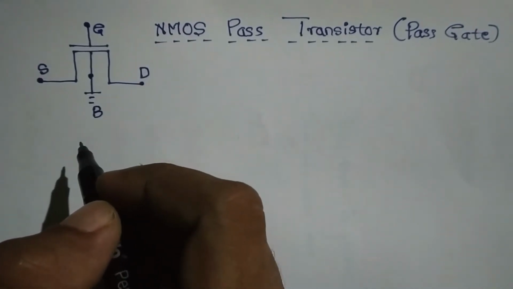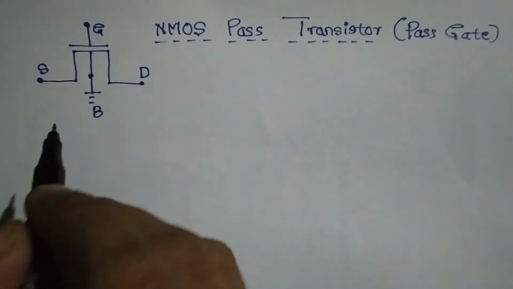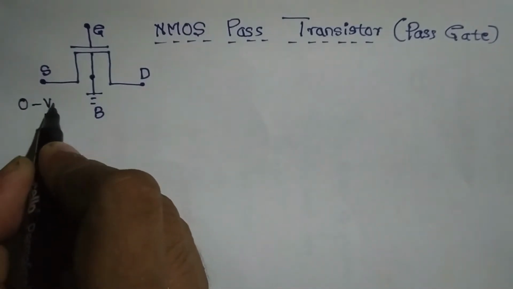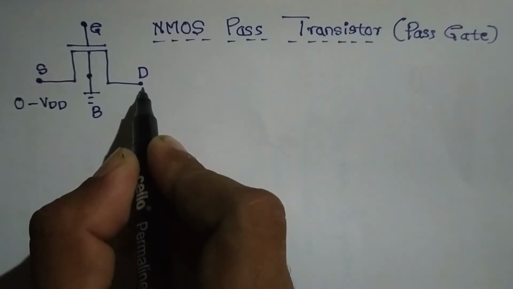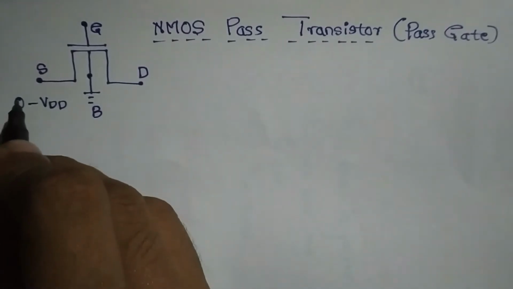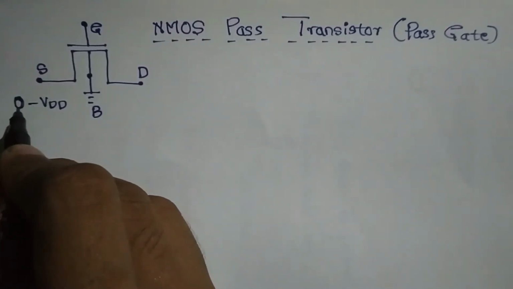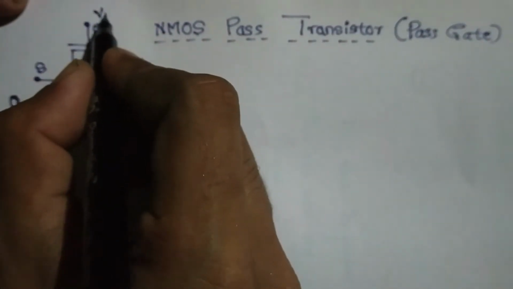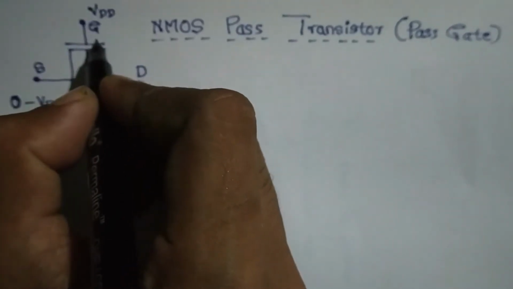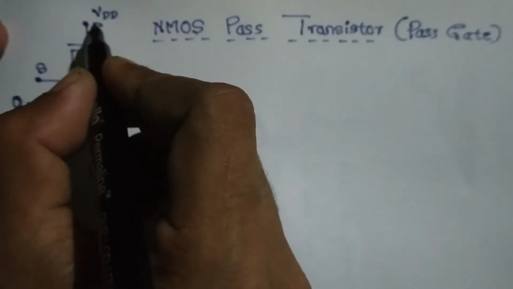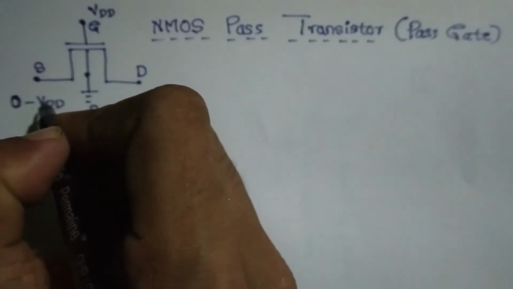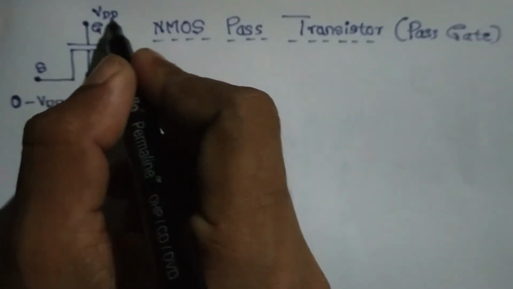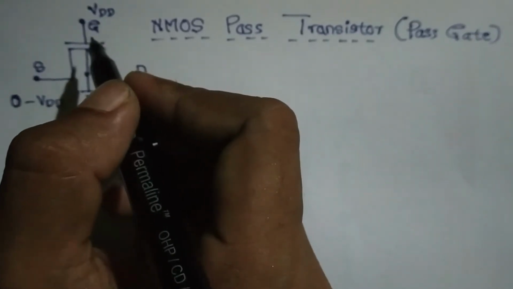So what I'm going to do is increase the source voltage from 0 to VDD. Let's see what happens at this drain terminal. When there is 0 voltage at the source terminal, I have the gate voltage at VDD. The reason I'm doing this is because I want to pass as much voltage as possible from here to here, so I'll give the highest voltage possible in the entire circuitry to the gate terminal, which is VDD.